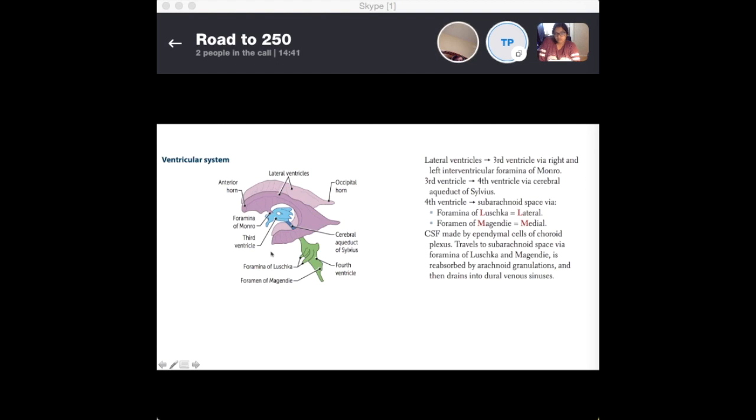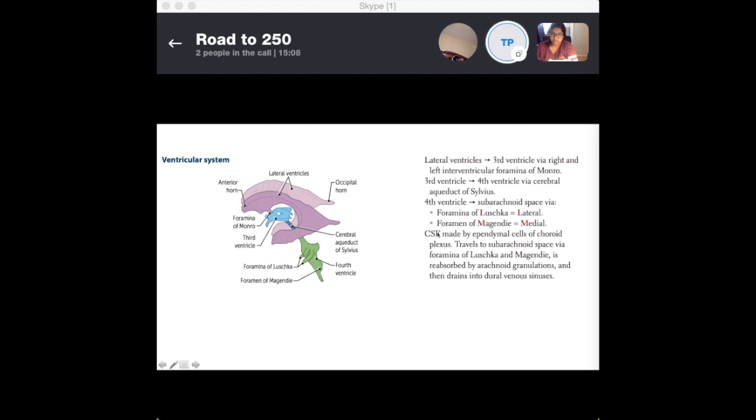So again, just another view of it. Lateral ventricles travel to the third ventricle via the right and left interventricular foramen of Monro. Then third to fourth via the cerebral aqueduct of Sylvius. And then the fourth ventricle has the foramen of Luschka, the lateral, and foramen of Magendie, the medial.